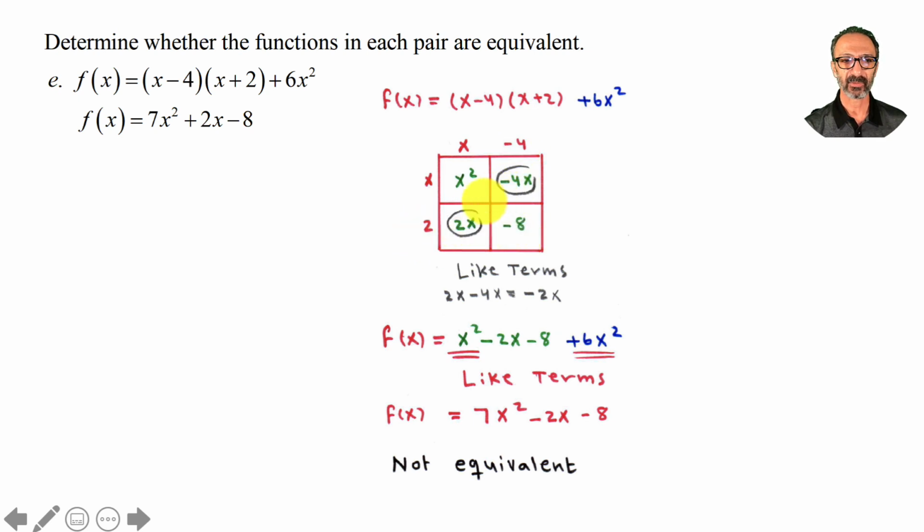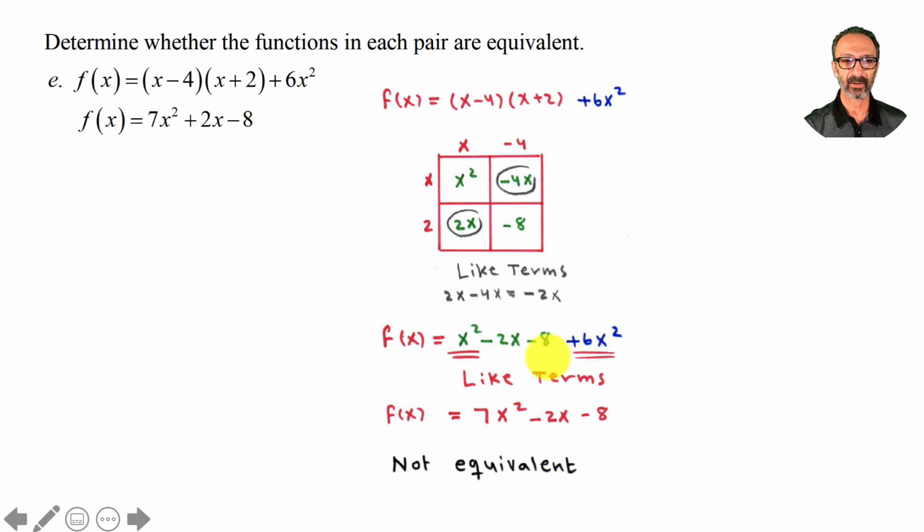Combining like terms, the minus 4x and 2x will give me minus 2x. Now, I have x squared minus 2x minus 8. Of course, you need to bring this down.